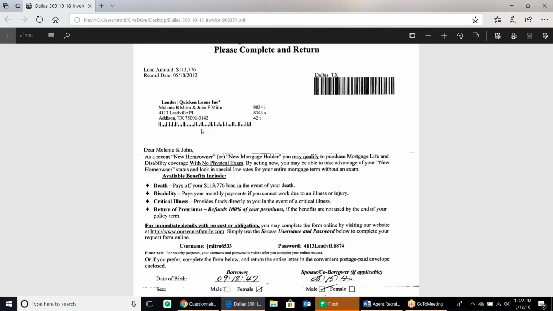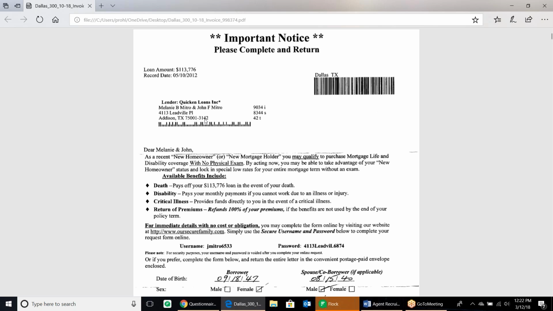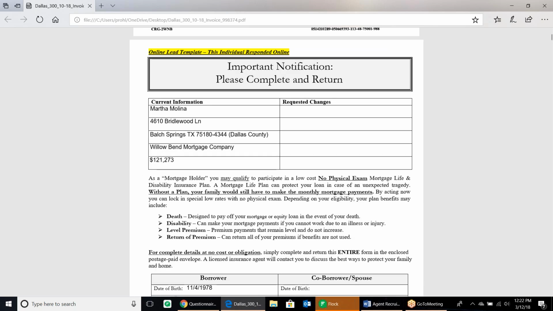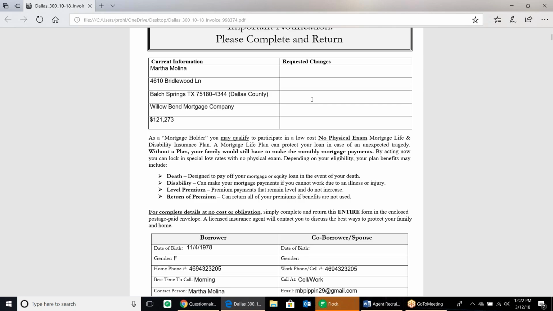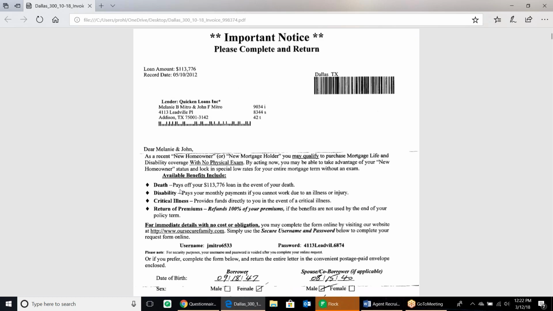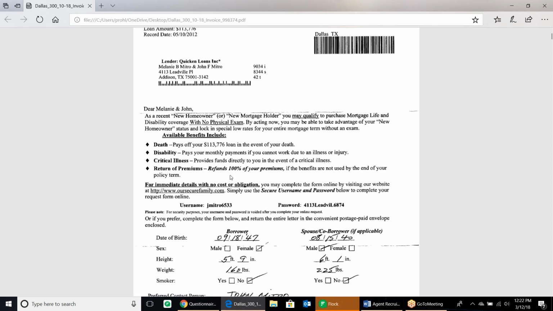Okay, here's another one. These are 10 to 18-month-old leads at the time that we received them. These are from our same carrier, but in a little bit different format. Now you'll notice this is very similar to the last one we looked at, the 3 to 9 month old. The company that we work with changes the look of the lead many times in order to find out what's working for the customer.